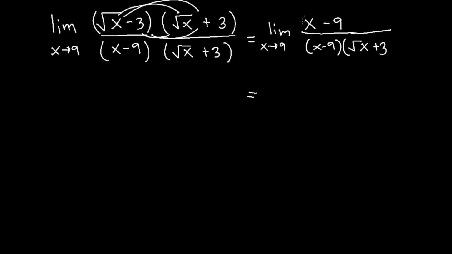So as you can see, the x minus 9 in the numerator and the x minus 9 in the denominator equal 1, so they cancel. So what remains is just this: 1 over square root of x plus 3 as x approaches 9.